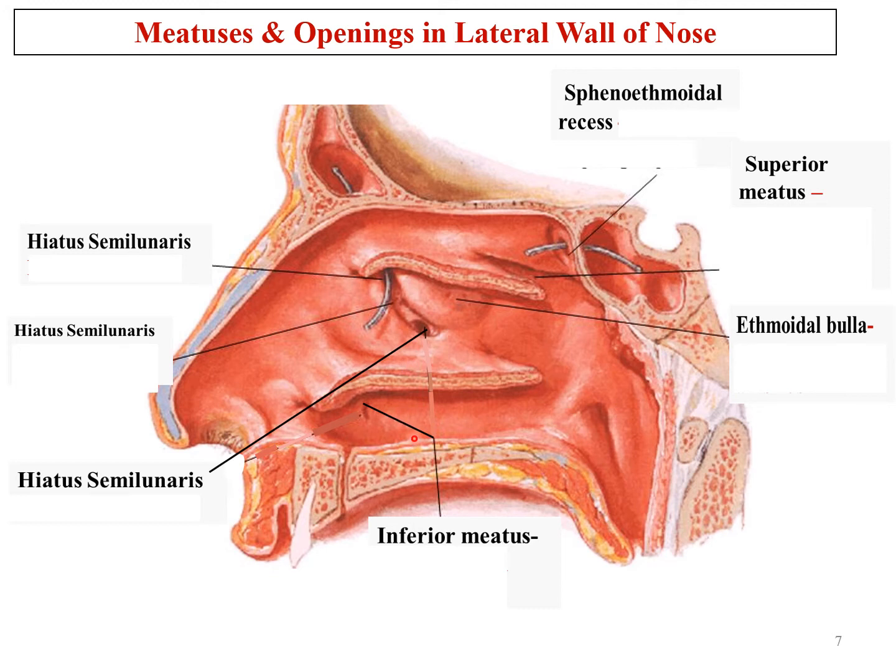Now let us look at the structures that open into these meatuses. So nasal cavity actually has openings of all the paranasal air sinuses. We know that there are 4 bones which have paranasal air sinuses, and here we can see in the frontal bone, this is the frontal air sinus.